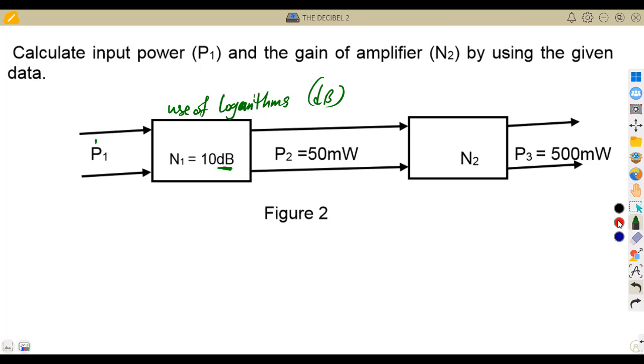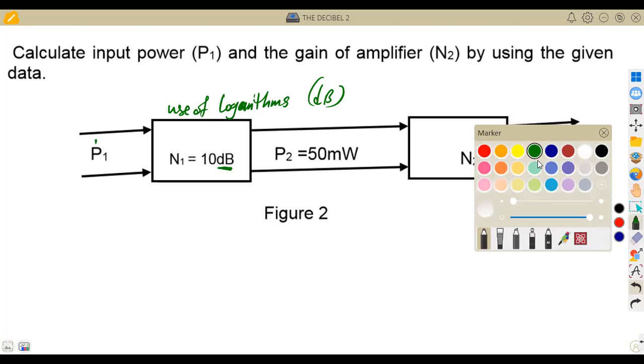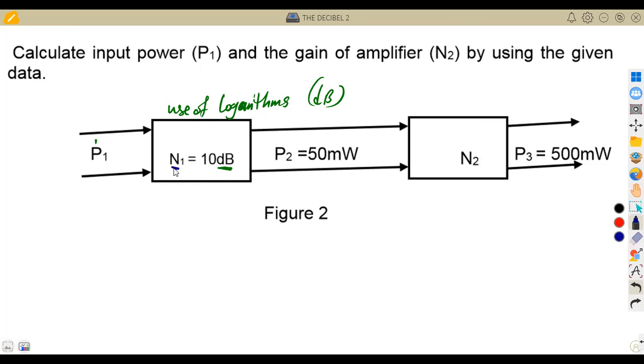So in order for us to calculate this gain, our gain is given as N1. In order for us to calculate this gain 1, it was given as 10 log P2 over P1, so it's log P2 over P1 in base 10. That is how we calculated it, so that it is in decibels like this.